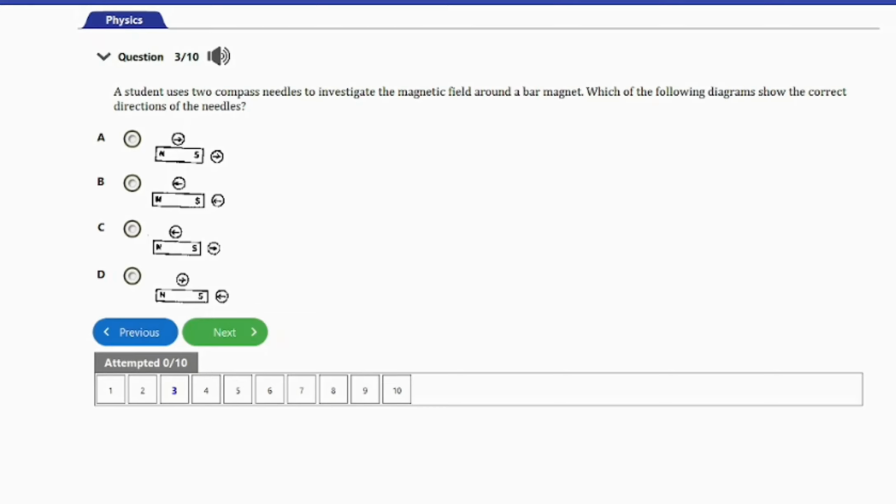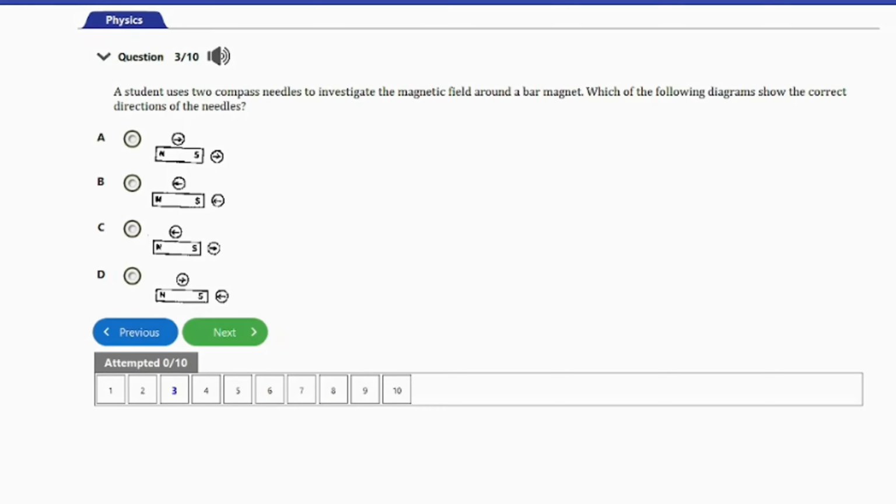The next question we have here is question number 3. It says, a student uses 2 compass needles to investigate the magnetic field around the bar magnet. Which of the following diagrams show the correct directions of the needles? The correct answer to this question will be option D here.